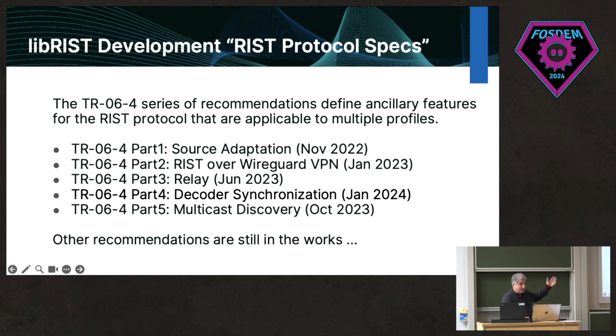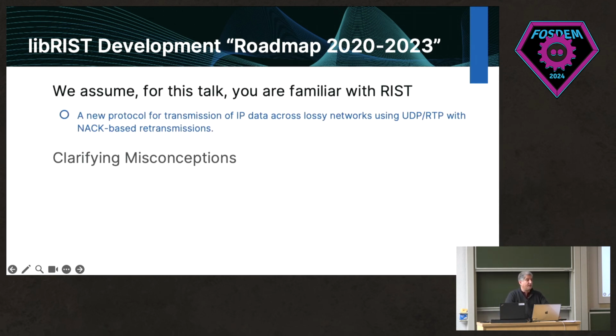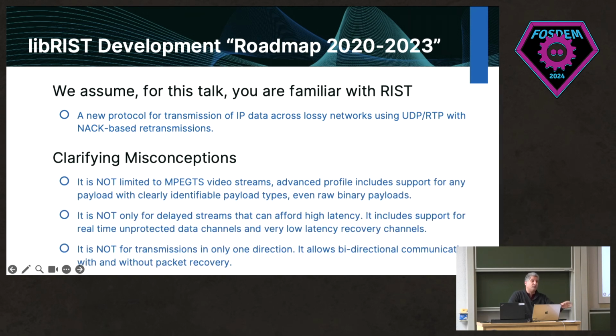So LibRIST, when applicable, has been made compatible with these recommendations, the codec synchronization, the relay, etc. So enough history about the protocol and the specification documents. Those are all publicly available. They're not behind any paywall. The VSF documents can be downloaded, the PDFs, and you can look at the specs and all the recommendations.